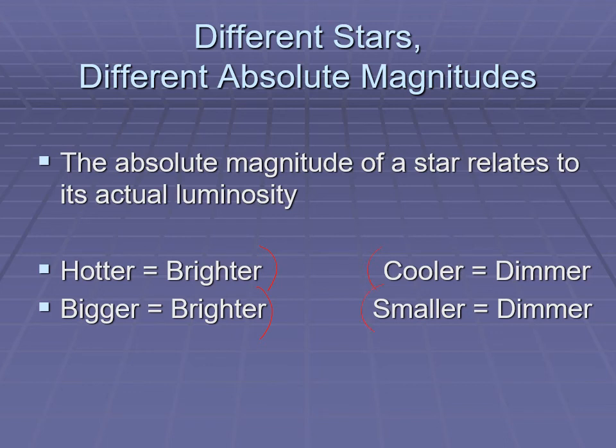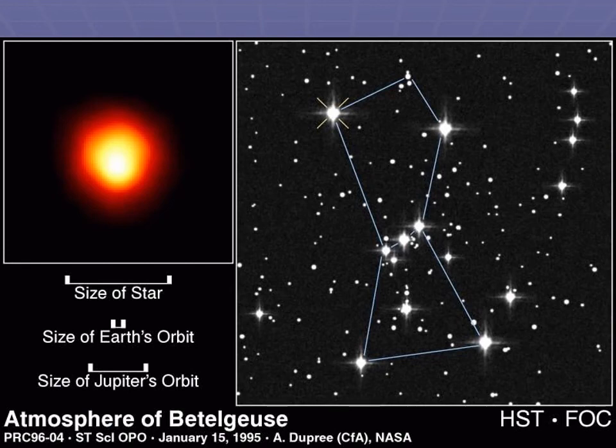If they're smaller, they're going to be dimmer. So now we can start working backwards and figure out from peak wavelength what color is most intense. That would tell you the temperature, okay? And then we can figure out the size using the brightness. Okay. So we can start figuring things out.